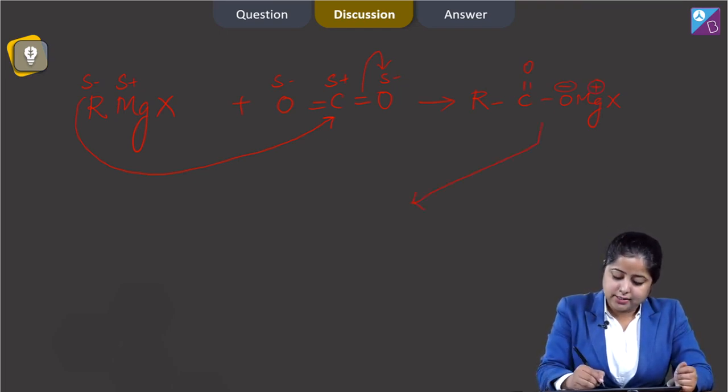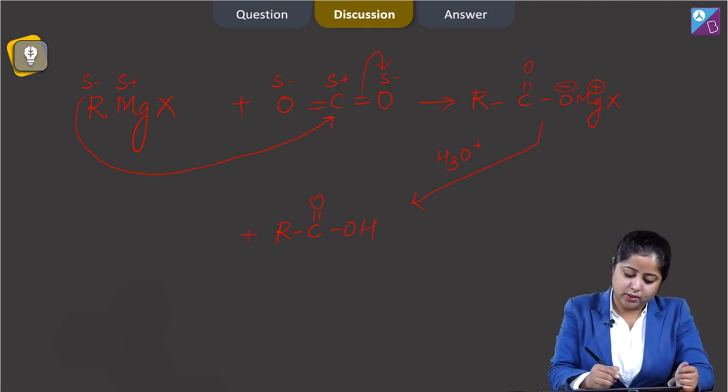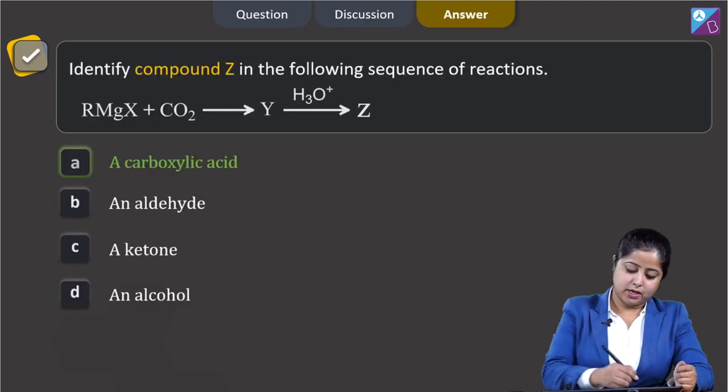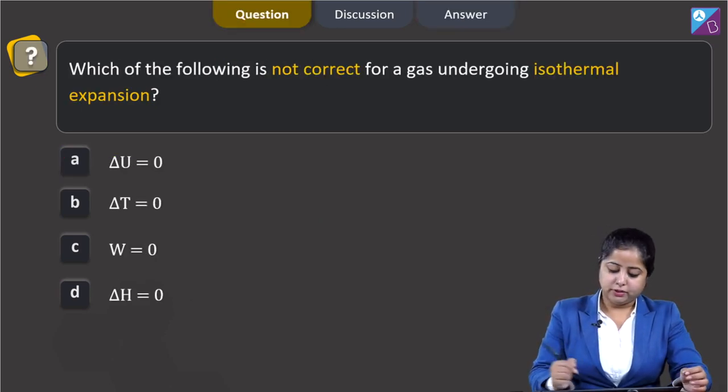This on acidic hydrolysis, that is H3O+, gives R, C double bond O, OH, that is a carboxylic acid, and along with that magnesium, X and OH. That means the correct answer is option number A. A carboxylic acid is formed in the final product. Moving to the next question.